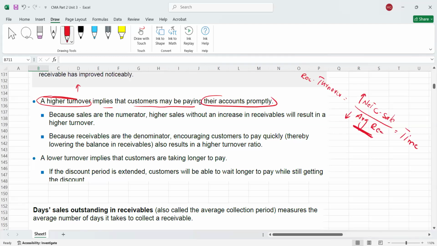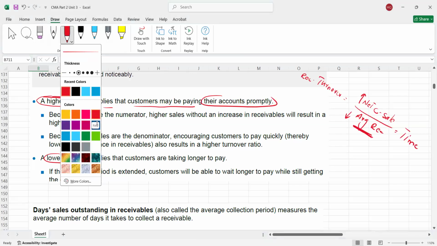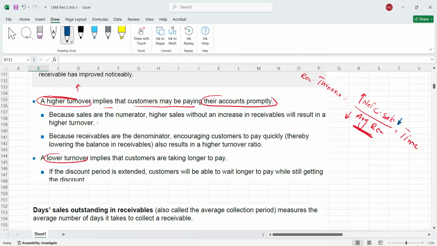Now, how could the turnover ratio be lower? If you reverse it. Reverse means, for example, your turnover ratio will be lower if your net credit sales are lower or if your average receivables are higher. In that scenario, your turnover ratio will automatically be lower.